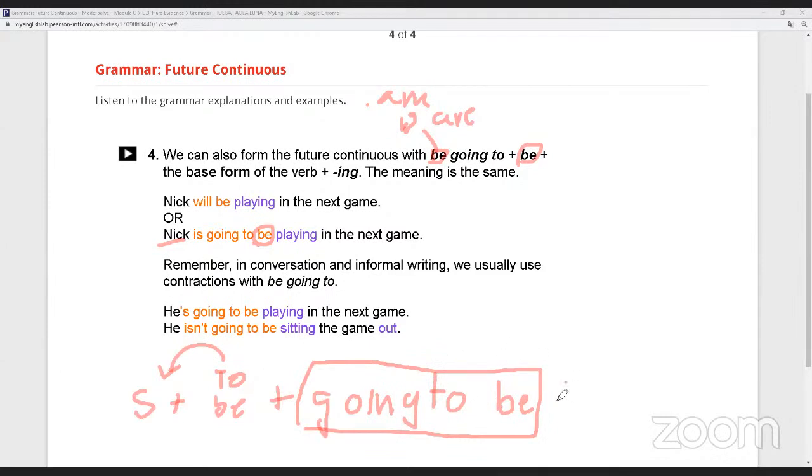Then the main verb plus ing. Okay, so you have the subject, the verb to be, is, are, and going to be, that I'm not going to touch, plus the main verb, and the main verb needs to be with the ing form. Okay.